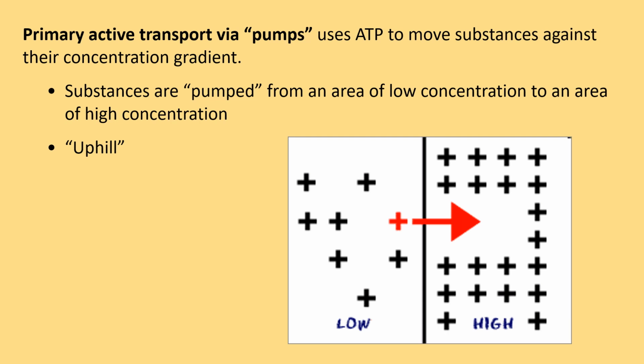And as we'll see in just a moment, that red arrow, or that transmembrane pump, will cleave a molecule of ATP and use the energy that's released in order to drive the movement of that red plus sign, from the left side to the right side, from low to high.